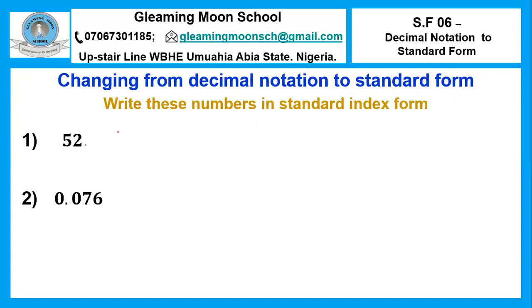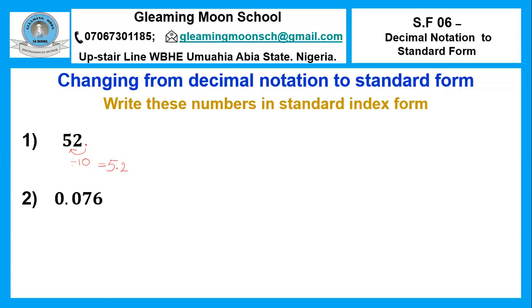For us to make it a standard form, we need 52 to be a number between 1 and 10. And to do that, we are going to move our decimal point from here backwards once. Okay, so we are dividing it by 10. If we divide 52 by 10, we are going to get 5.2.